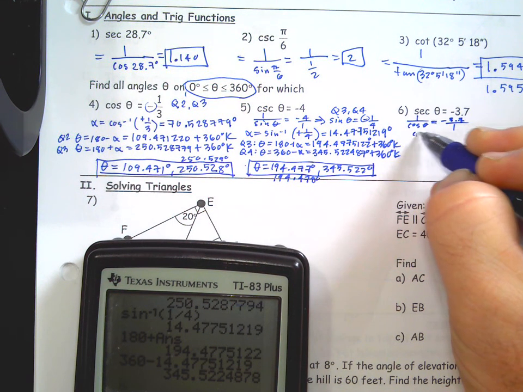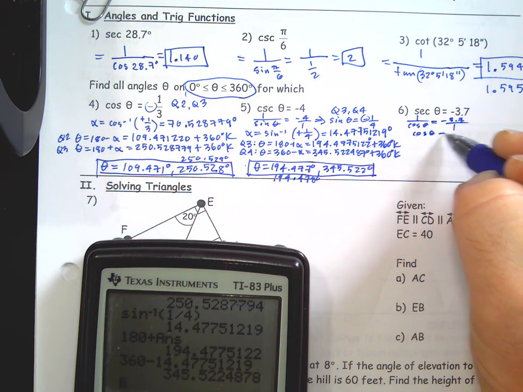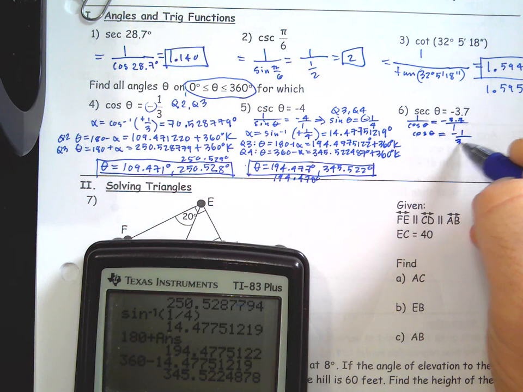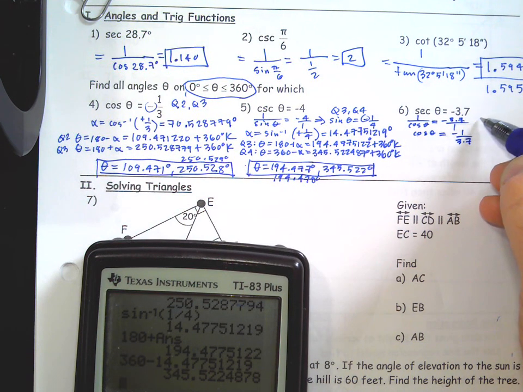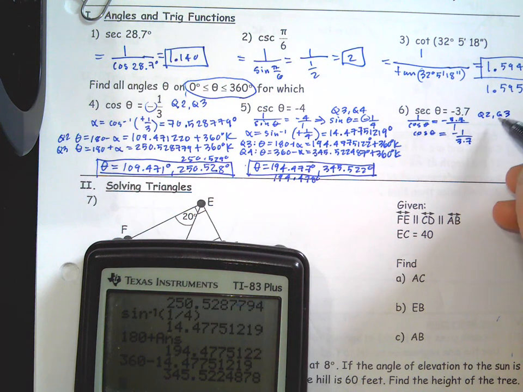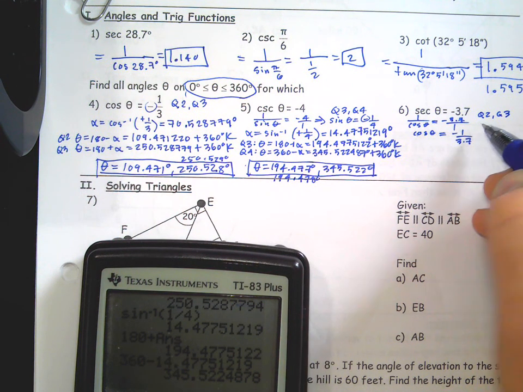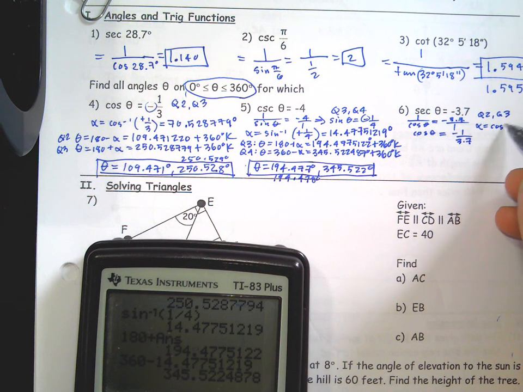I'm going to change it to cosine. And so that's going to be quadrants 2 and 3 that are negative. Alpha is going to equal inverse cosine of +1 over 3.7.